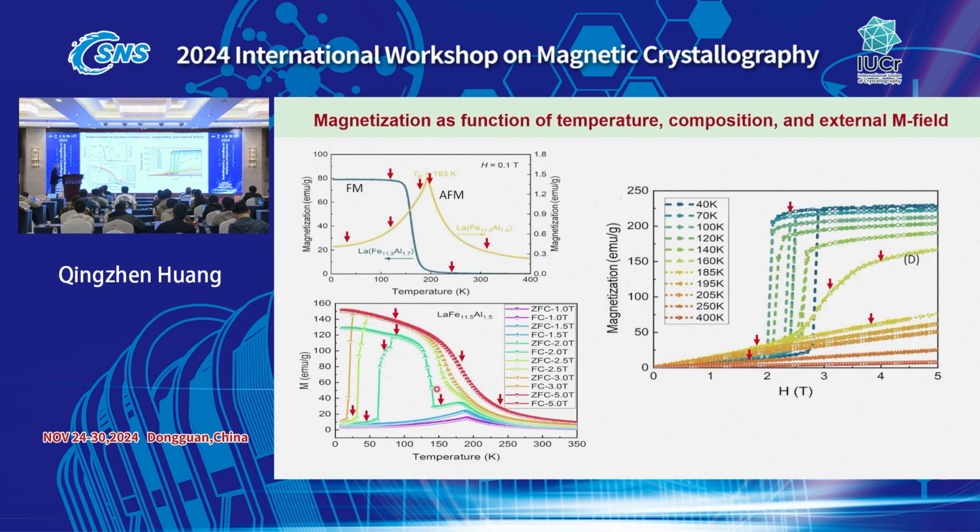For example, this transition will move toward high temperature, and here also another transition happens. Here maybe it's only a very slight change, but here it quickly becomes ferromagnetic. Here the ferromagnetic signal is gone, so it quickly goes down.